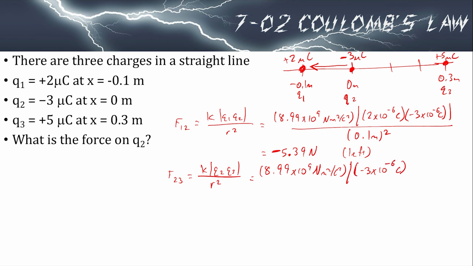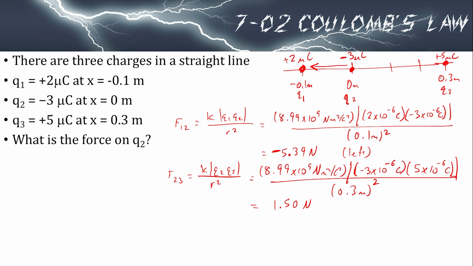Remember, micro is times 10 to the negative 6. Q3 is 5 microcoulombs. And our distance is 0.3 meters. Don't forget to square it. Run that through the calculator and we get 1.50 newtons.